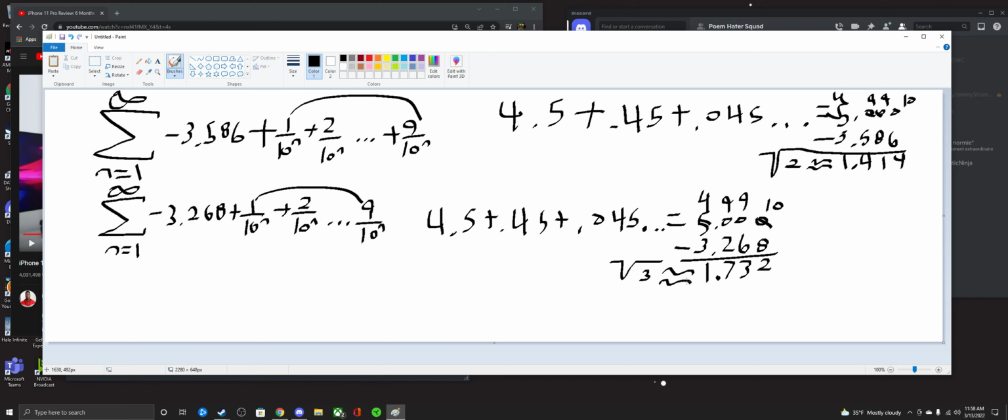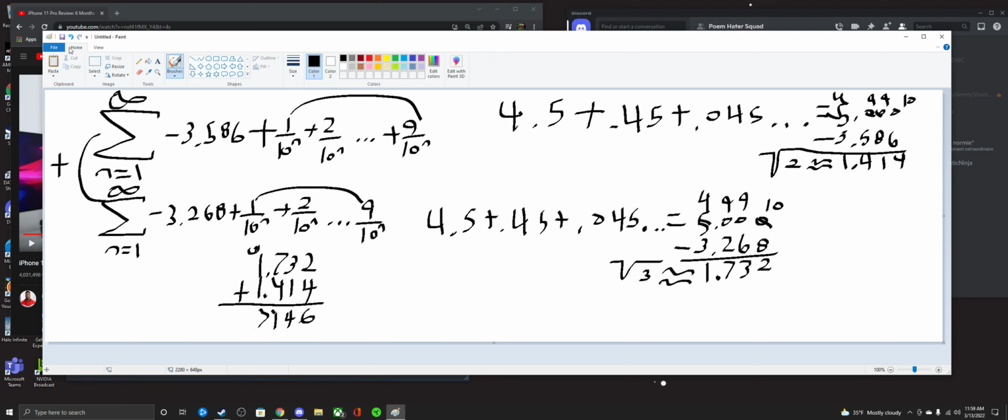So now that we have what each series essentially converges to, we can say that by combining these two series, so we want to add, so we'll do plus these. We know that they converge to root 2 and root 3 respectively, so we can do 1.732 plus 1.414, and out we get 6, 4, 1 here, that becomes 3.